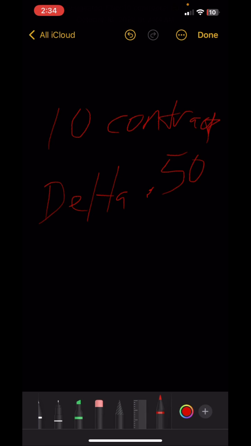So that's like 0.50, like 50 cents, which is what options, you times it by 100. So that 50 cent is like $50. Okay. So just say you got 10 contracts. So that's like $50.